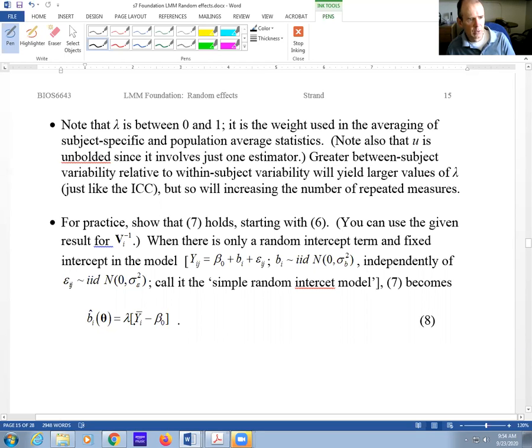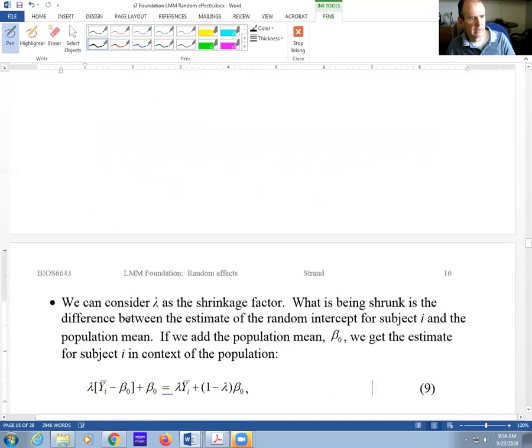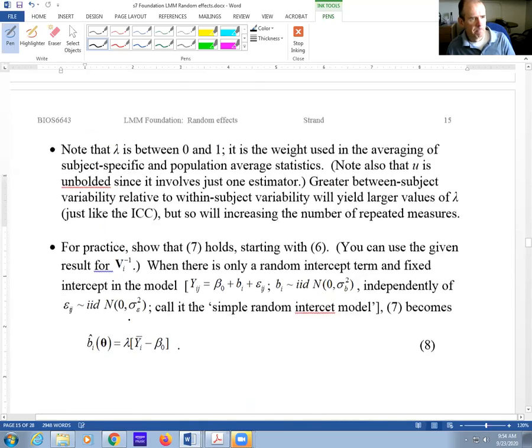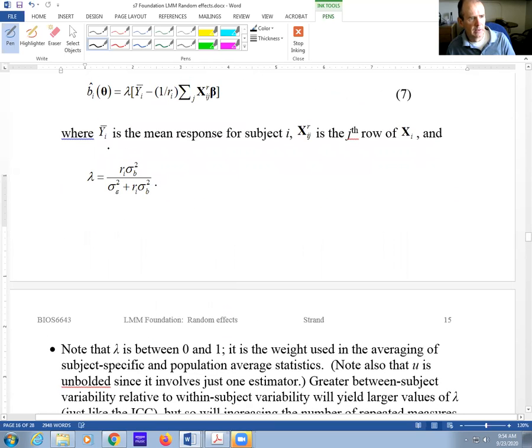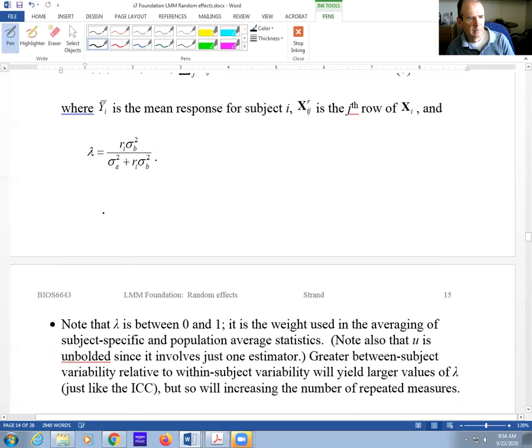But then we have this shrinkage factor, which is this lambda, and that is this quantity here. You can see it depends on the between-subject variance relative to the variance that includes that plus the within-subject variability. That's going to be this lambda factor.